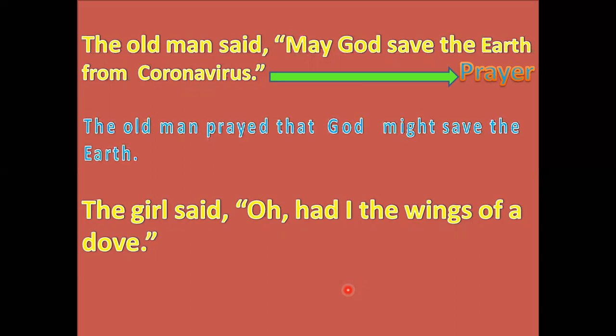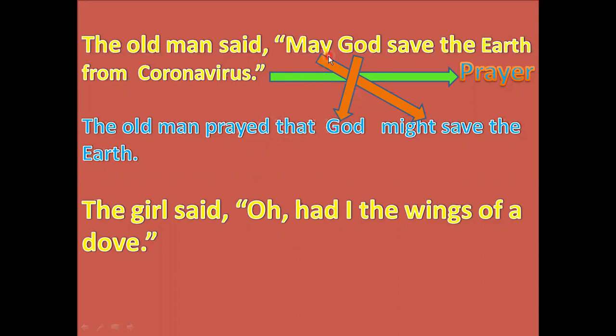And the second, yes. If we are changing this into indirect speech, since it's a prayer, the old man prayed, and once again, like the exclamatory sentence, the linker, the conjunction here, will again be that. And of course, there is an interchange of subject and this modal verb here.